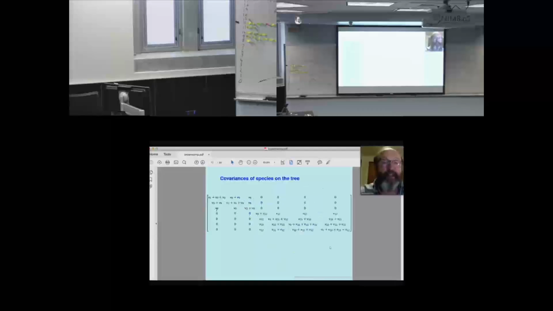So let's see, here's a covariance matrix for the tree I just showed you. And you have to go back to that tree to see that the variances that accumulate on the diagonal here are in fact the proper sums of the branch lengths on the tree. And the covariances off the diagonal are the variances that are expected to accumulate in the shared period of common ancestry.